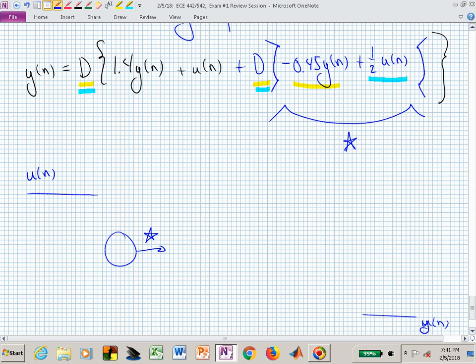To create star, which hasn't yet passed through the delay, I need to scale u by 1/2. And this y, I need to scale by minus 0.45.